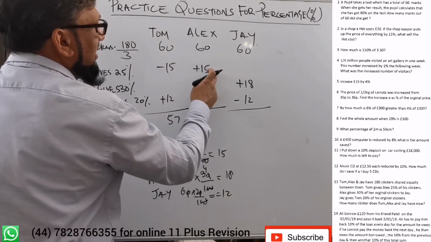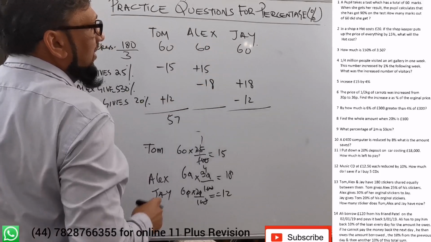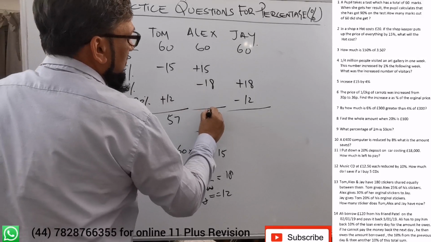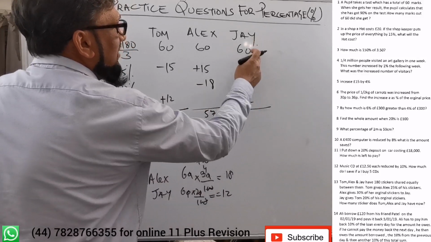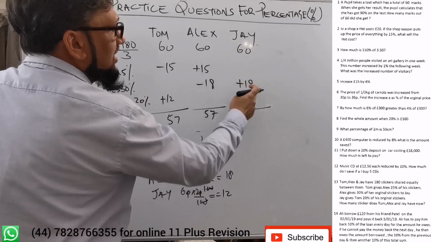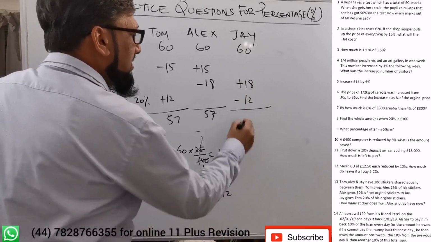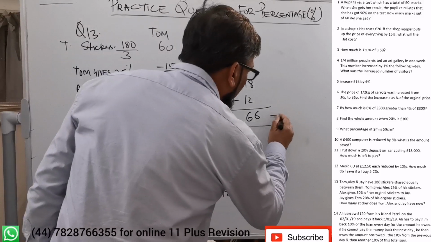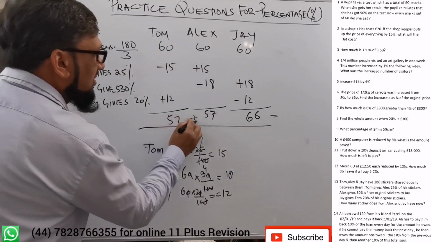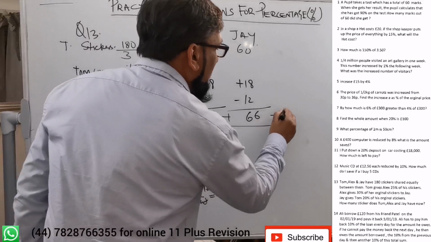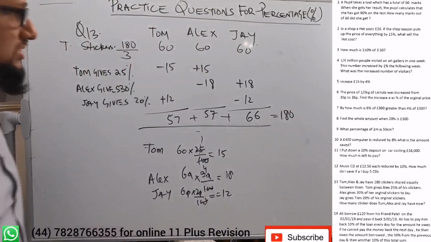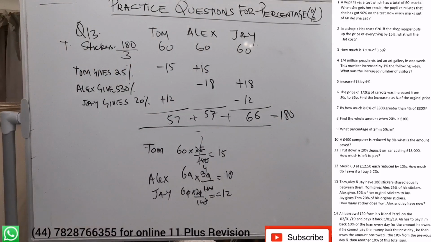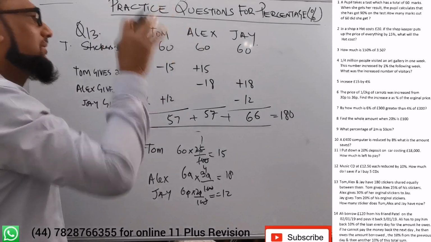Alex: 60 plus 15 is 75, 75 take away 18, which is 57. J: 60 plus 18 is 78, 78 take away 12, which is 66. And if you add all three, 57 plus 57 plus 66 is equal to 180. It means your calculation is right. So this is question number 13.